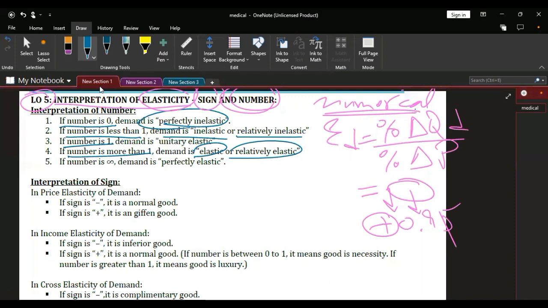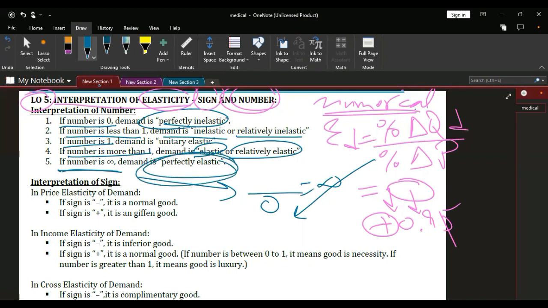And the last option regarding magnitude is if you got an answer of infinity. You get this answer if your denominator, that is the price change, goes to zero. Infinity means that the demand is perfectly elastic.